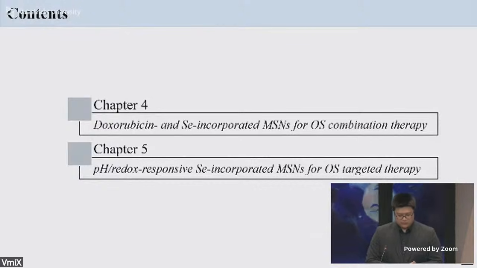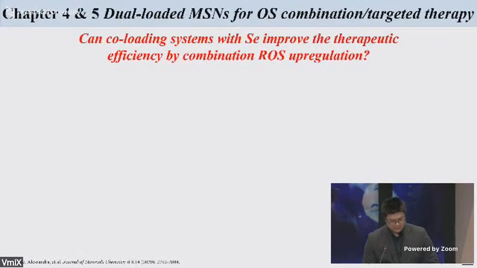Next, we continue to develop a dox-loaded MSN system for combination and targeting osteosarcoma therapy in Chapters 4 and 5. This idea was driven by another research question. Can a co-loading system with selenium improve therapeutic effectiveness by combination ROS upregulation?